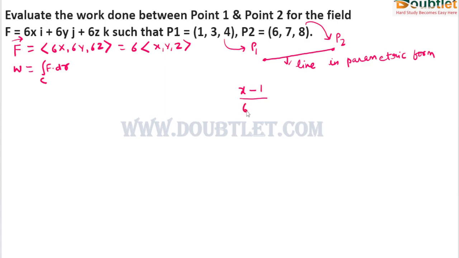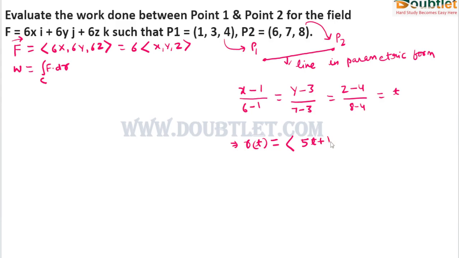Then the x part will be (x minus 1) over (6 minus 1), equal to (y minus 3) over (7 minus 3), equal to (z minus 4) over (8 minus 4), equal to t. Then we can easily write the parametric coordinates: r(t) is equal to (5t plus 1, 4t plus 3, 4t plus 4).